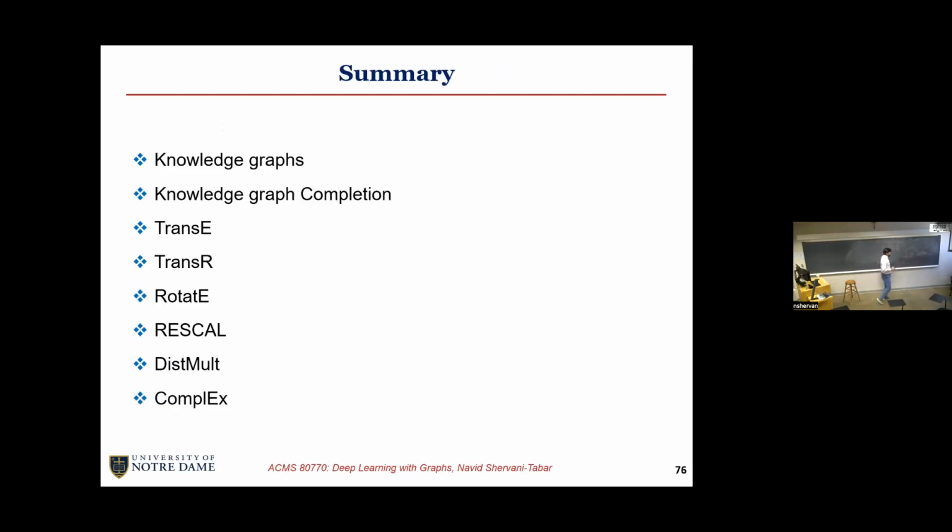So just to review what we have covered for knowledge graphs, we defined knowledge graphs. We said that knowledge graphs can represent a collection of facts. Starting from one entity, we say there's a relation between this entity and another entity. So for example, someone is someone's son, that means that these two people are the entities and the relationship son is the relation between these two entities.